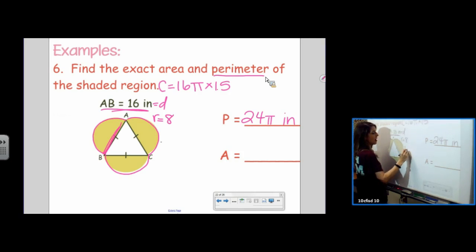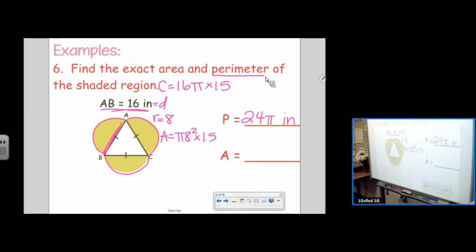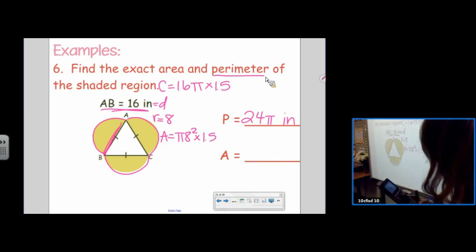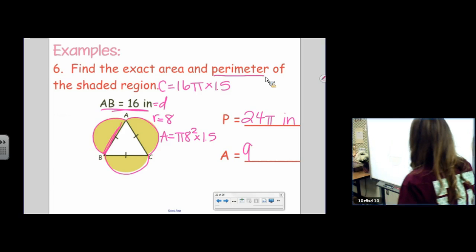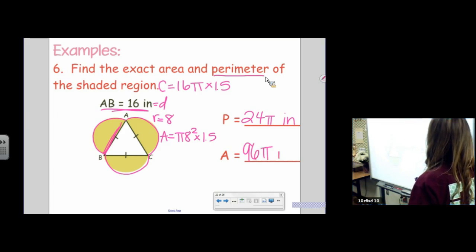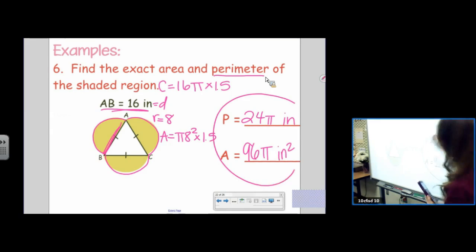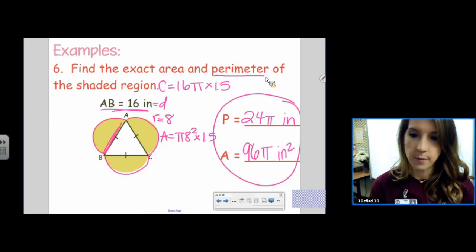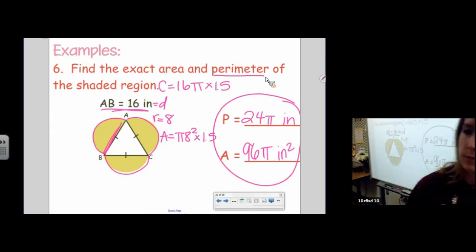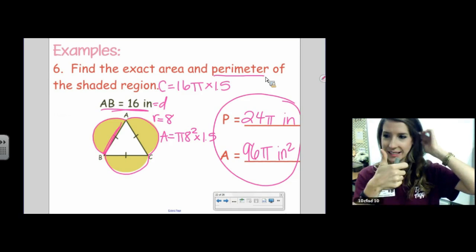So the area is pi r squared times 1.5. So it's 64 times 1.5, because there's 1.5 circles. 96 pi inches squared. Cool? Good?